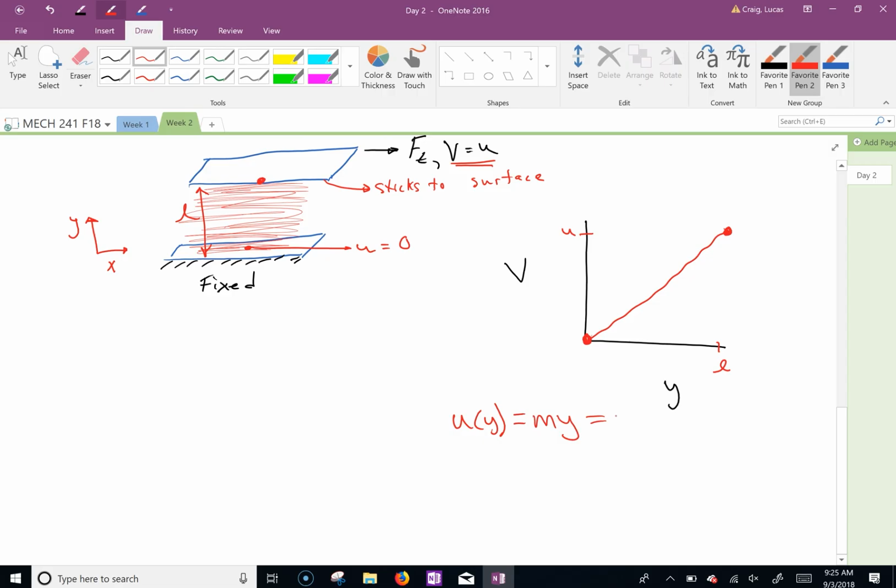How do you find the slope? Rise over run. So it's u over L. Yeah, we could do that. So it's u minus 0, over L minus 0.